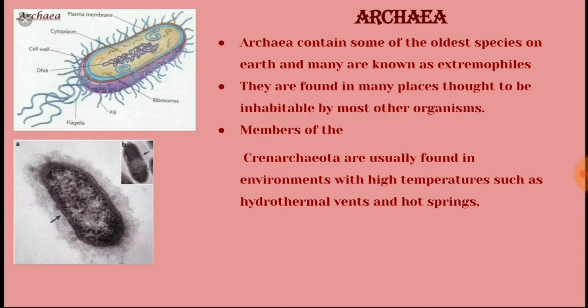So these archaea have a very different kind of cell wall composition. They lack peptidoglycan, and they have a very different cell wall composition which helps in protecting the archaea from the extreme climatic conditions that it survives in.